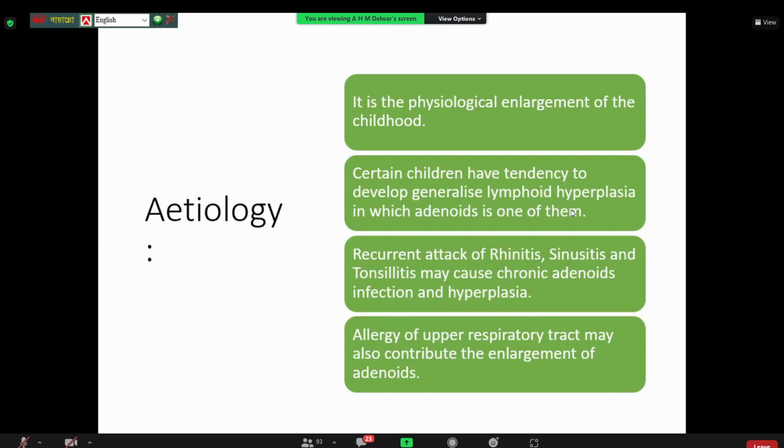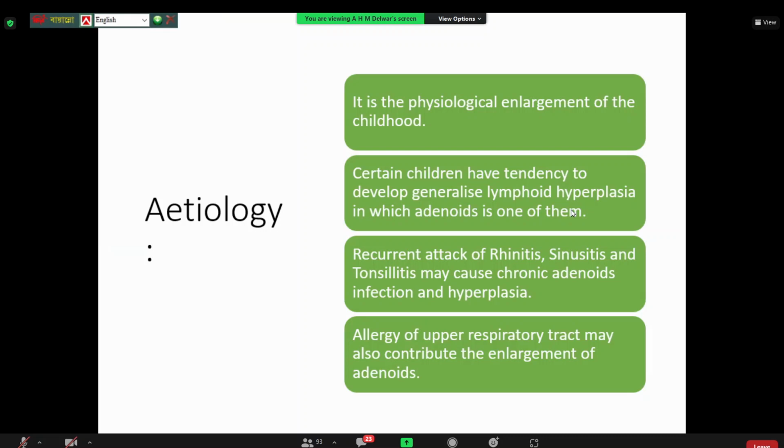Now come to recurrent attacks of rhinitis, that means nasal infection, sinusitis, paranasal sinus infection, and tonsillitis. All are causes of chronic adenoid infection and hyperplasia.